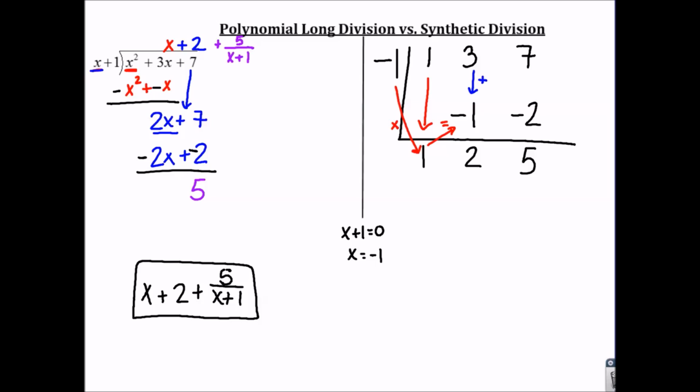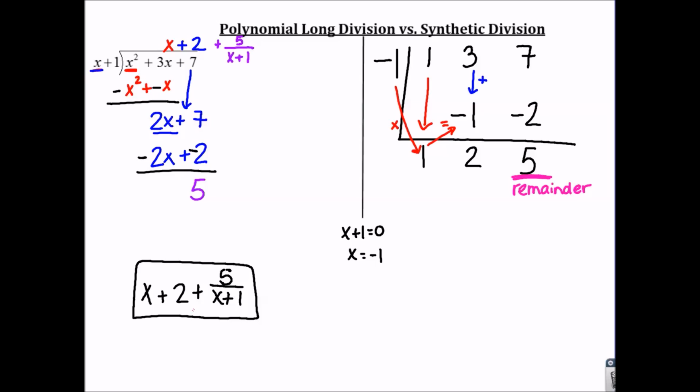So this last digit is always your remainder. And if you look here, that was the remainder that we had when we did long division. Then I have a 1 and a 2, which are the same numbers that I had here. These are the same coefficients from this answer when I did long division. So when you write your answer from synthetic division, your answer is always going to be 1 degree lower.